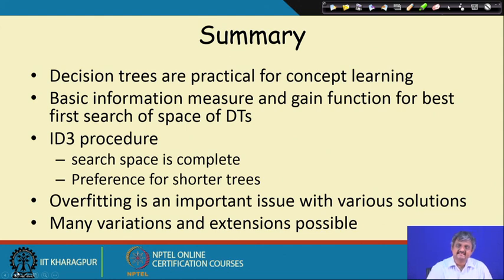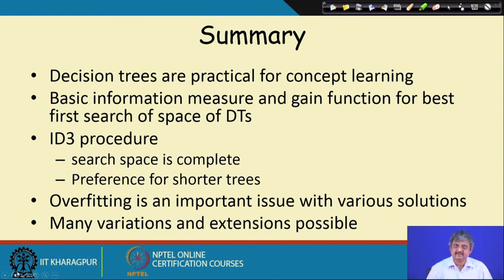Note that ID3 is all this method I discussed, they are actually clubbed together in an algorithm called ID3, which is a popular decision tree algorithm. So, it is a method of learning classification, uses information gain, it prefers shorter trees, overfitting is an important issue, and people have used various extensions for different cases.